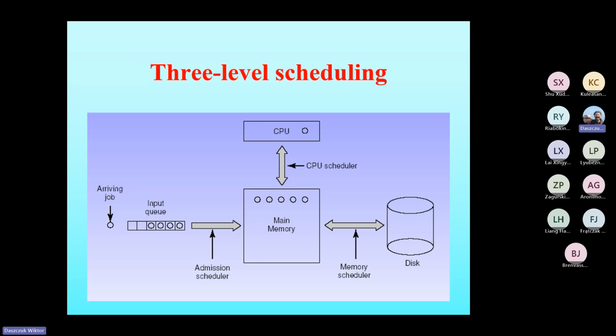I told you that it is important on which level of abstraction we understand this scheduling. Again, this is the picture from Tanenbaum. This time it is very good because it describes what kinds of scheduling are on different levels of abstraction. Here it is the admission scheduler. It is used in batch systems when we allow a job to enter the batch.